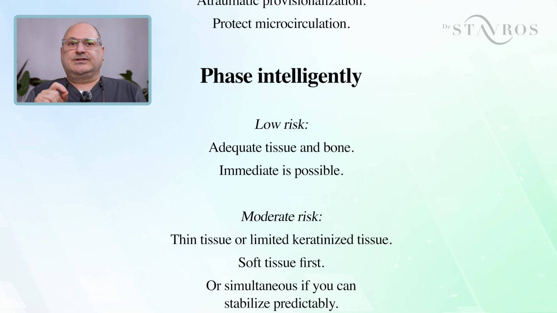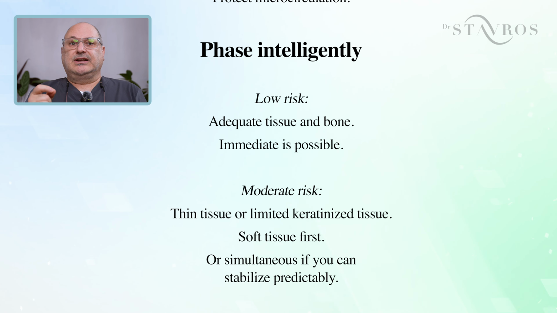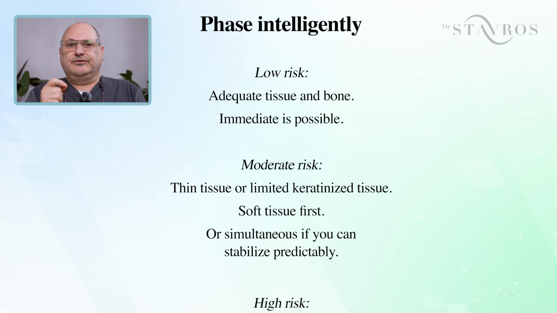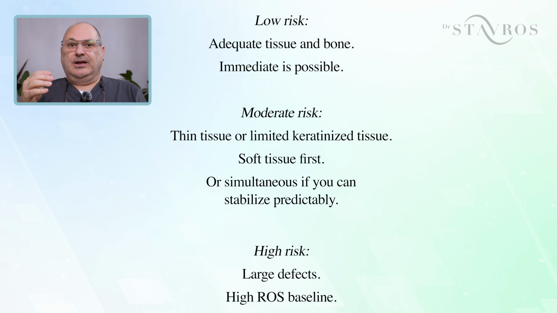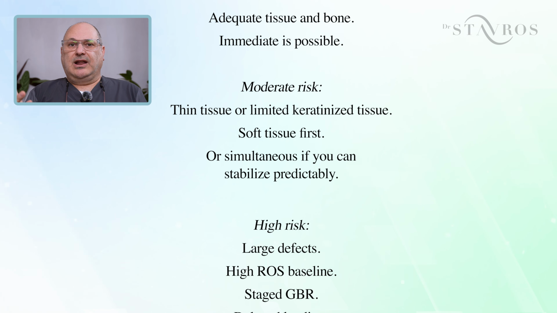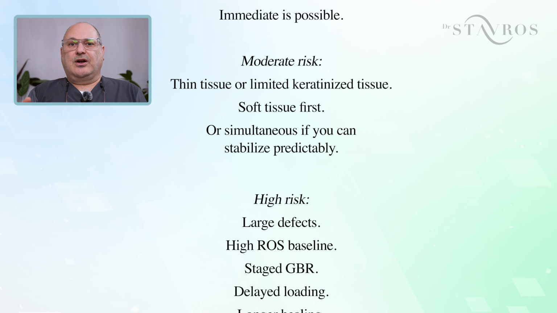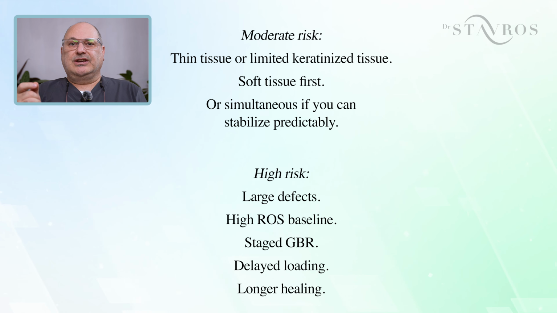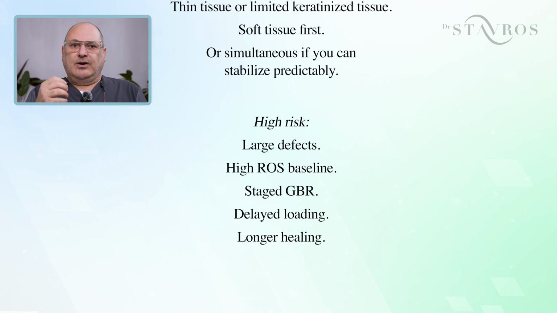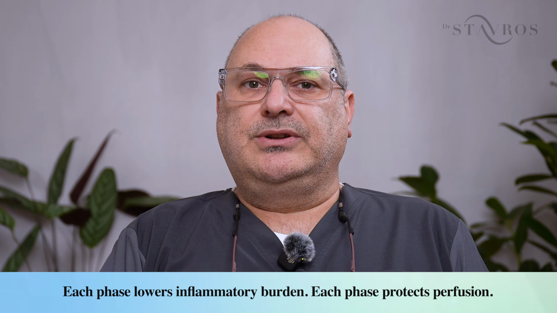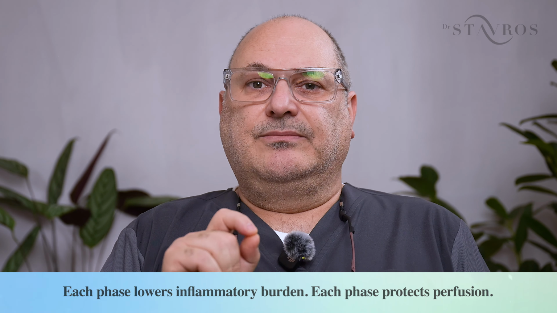If you see moderate risk, thin tissue or limited keratinized tissue, you have to consider soft tissue first or simultaneous if you can stabilize predictably. In high-risk cases where we have large defects, high ROS baseline, we have to stage our GBR, we have to delay our loading, and we have to give more time for healing. Each phase lowers inflammatory burden, each phase protects perfusion.